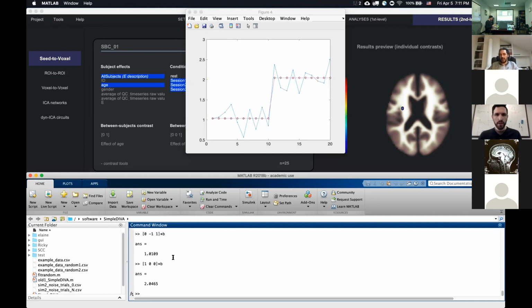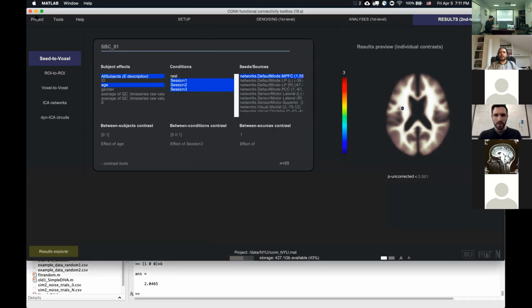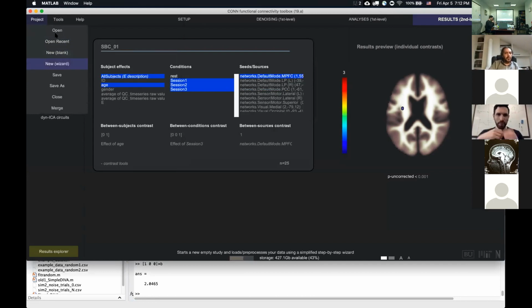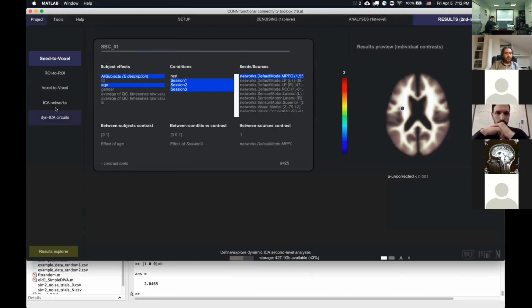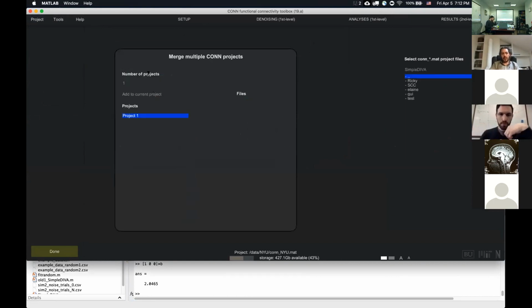So I tried to do that, but it thought that there were more subjects than there were. So basically, it goes like this. You can go to project. Let me see if I recall how merge works. You go to the control box and click on merge, and it will ask you whether you want to add to the current project or create a new project. Say create a new project, so it's different. Then you say how many projects you want to merge, and that's as many subjects as you have, so basically 31 or something like that.